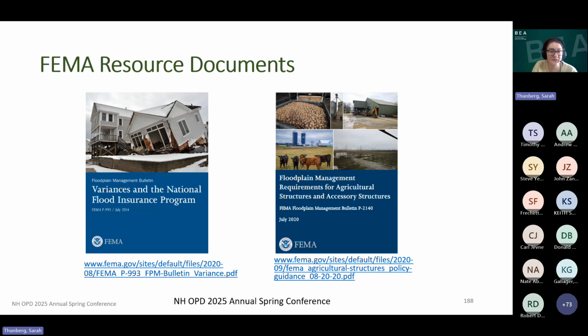There is a specific document on floodplain variances for the NFIP, also floodplain management requirements for agricultural and accessory structures. If you have any questions or want to look up what FEMA says, ultimately they are the ones who run the NFIP federally, so FEMA makes the rules.